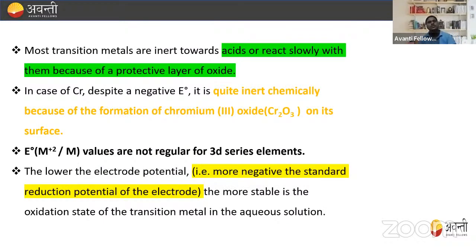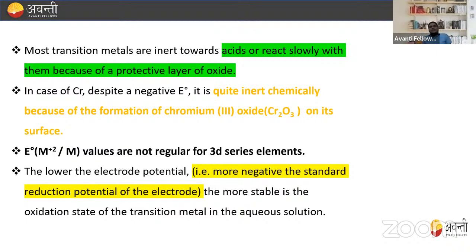Now, most transition metals are inert toward acid or react slowly with them because of the protective layer of oxide.